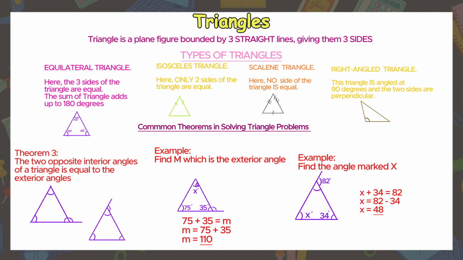We can just quickly do it. 82 minus 34. It's impossible, so this one is 8. We are left with 7 here. 3 from 7, we have 4, so 48. So our answer here is 48 degrees. So carefully look at the example.